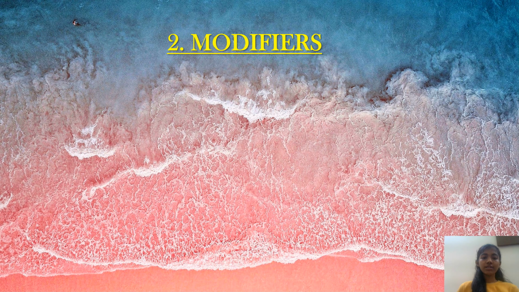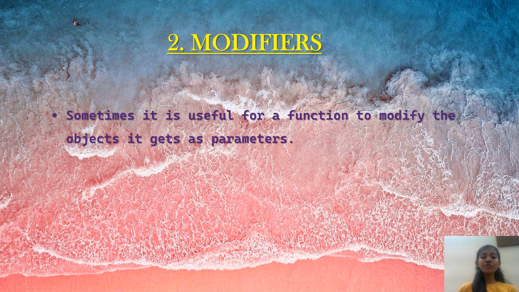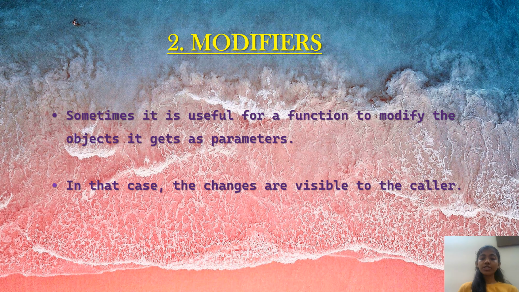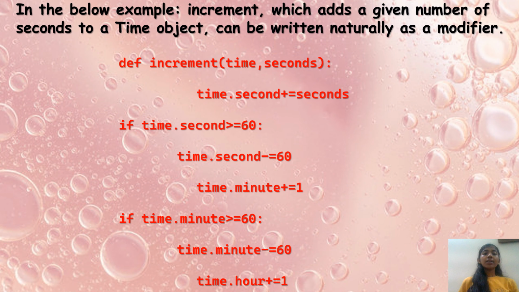Let's discuss modifiers. Sometimes it is useful for a function to modify the objects it gets as parameters. In that case, the changes are visible to the caller, and functions that work this way are called modifiers. In the example below, increment, which adds a given number of seconds to a Time object, can be naturally written as a modifier. Here, defining increment with time and seconds, time.second equals time.second plus seconds.